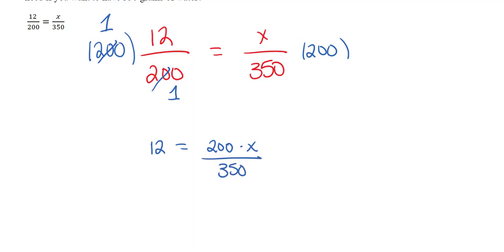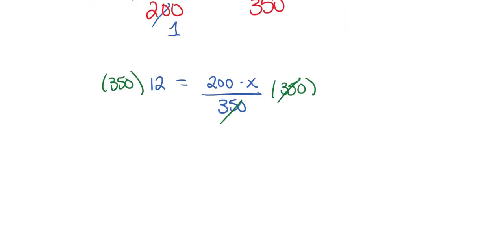Now let's get rid of the 350, so we multiply both sides by 350. We get rid of it on that side. We're left with 350 times 12, which is equal to 200 times x. And then to get x by itself, we divide by 200 on both sides. So we get x equal to 350 times 12, divided by 200.